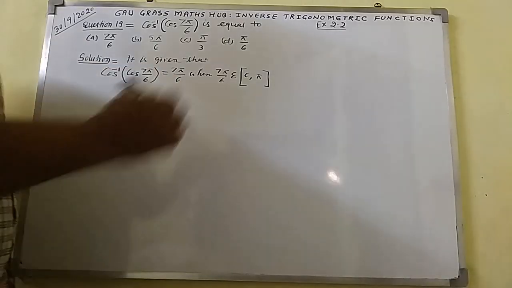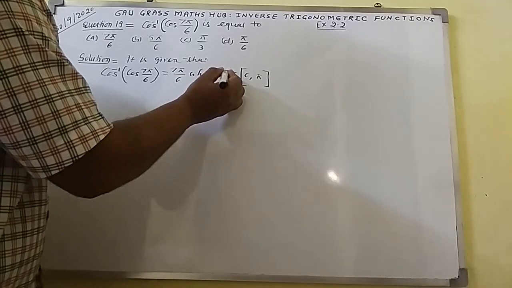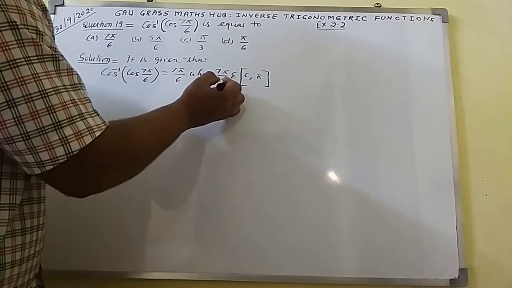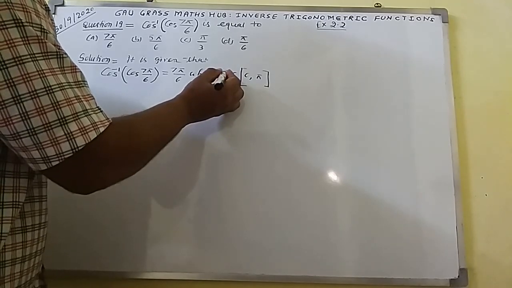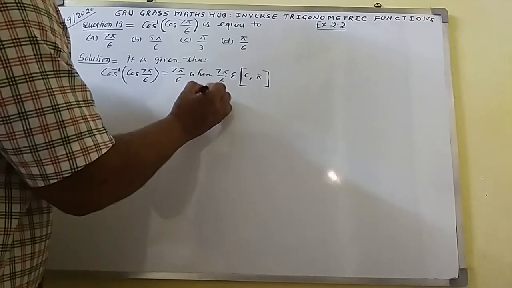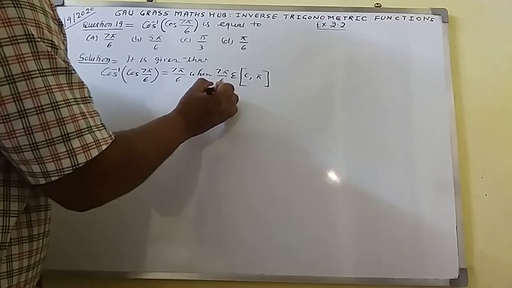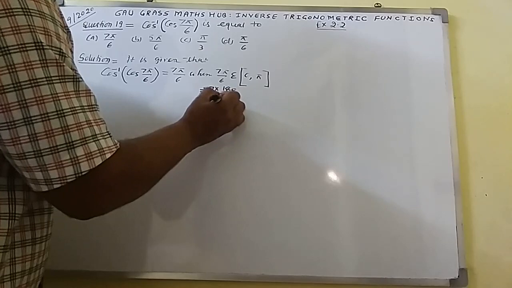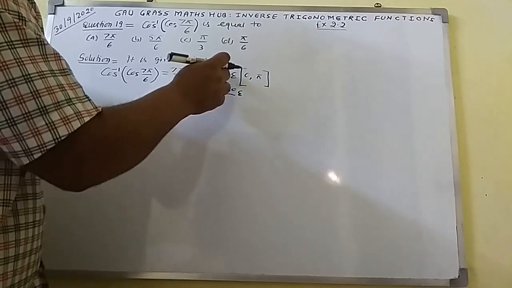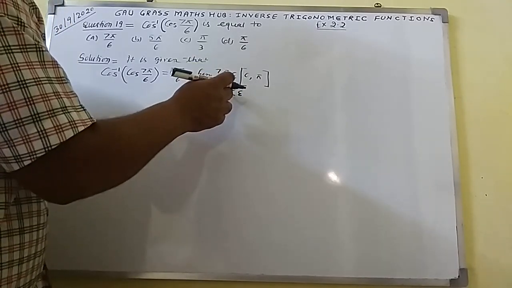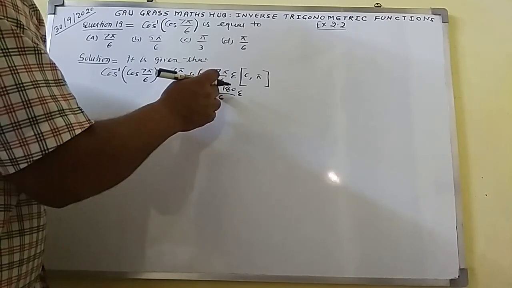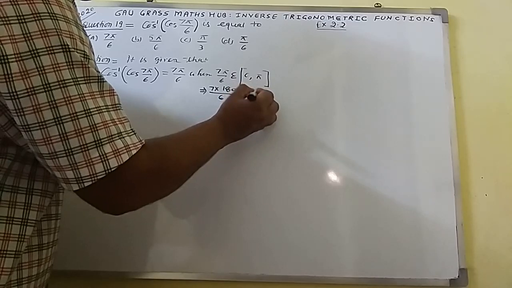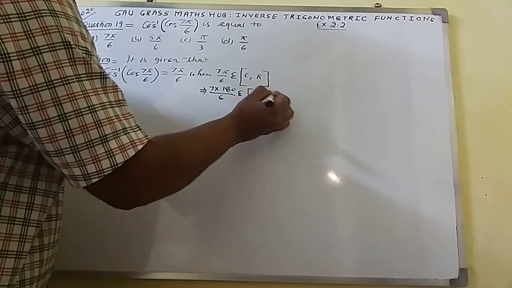Let us see. Here pi means 180 degree. This implies 7 into 180 degree over 6 belongs to the interval 0 to 180 degree, because pi equals 180 degree.